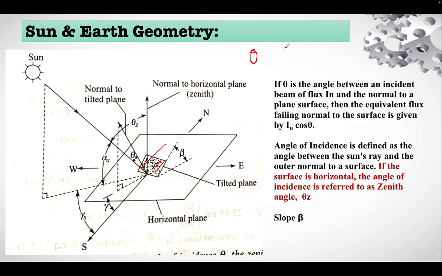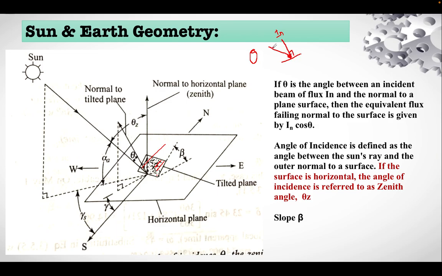As we studied in heat transfer, if radiation is incident on a surface in the normal direction, then the radiation received by that surface has maximum intensity. Say this is IN. Now just consider the radiation making some angle with this receiver.